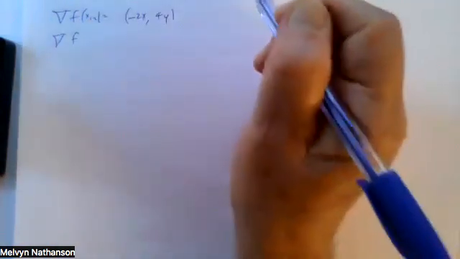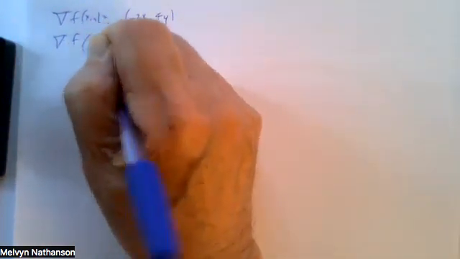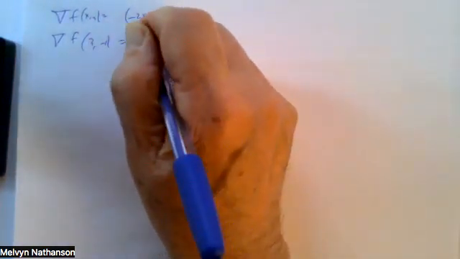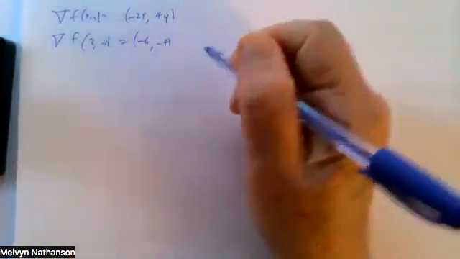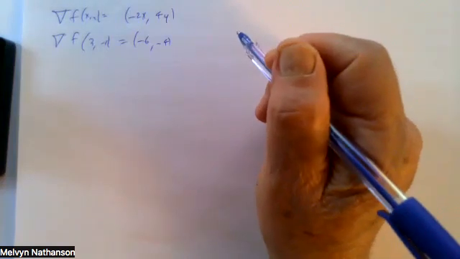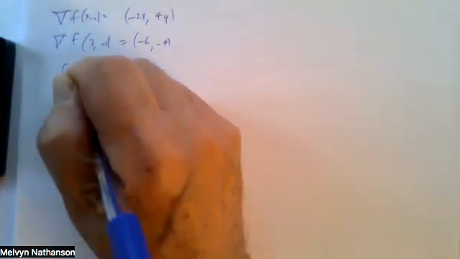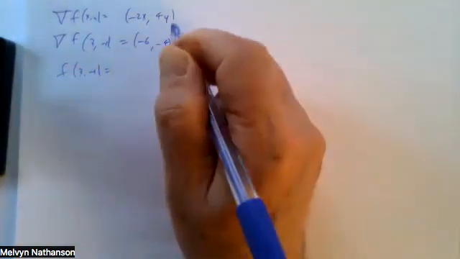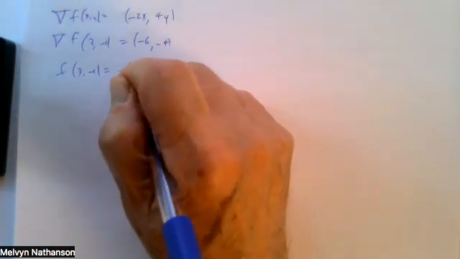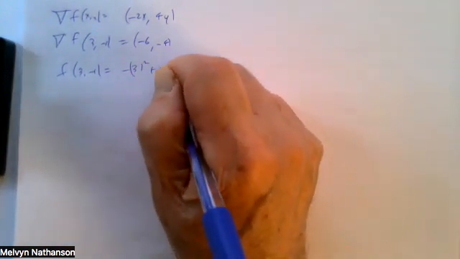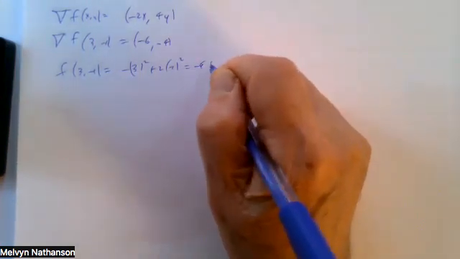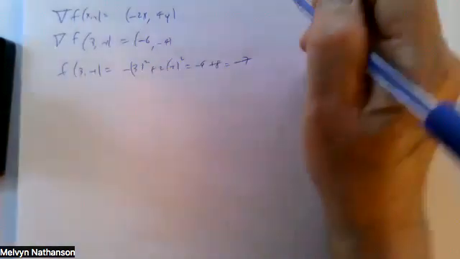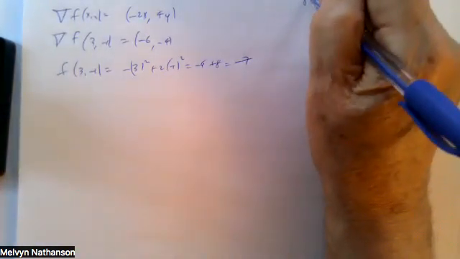The gradient of f at (3, minus 1): when x is 3, you get minus 6; when y is minus 1, you get minus 4. And of course, the value of the function at (3, minus 1) is minus 3 squared plus 2 times minus 1 squared, which is minus 9 plus 8, which is minus 7.